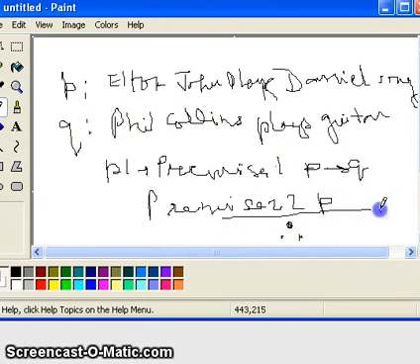Therefore Q. So this is how you can represent these arguments P and Q.